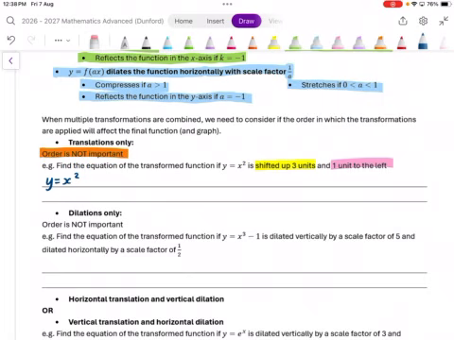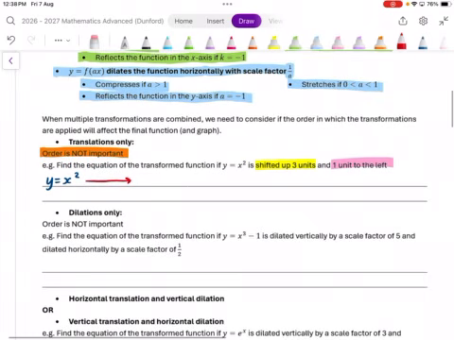Vertical, okay. So we're going to vertically translate. We're going to do an arrow and write VT for vertically translate up 3 units. What that means is we're getting y equals x squared plus 3. So we're adding the 3 to the end.